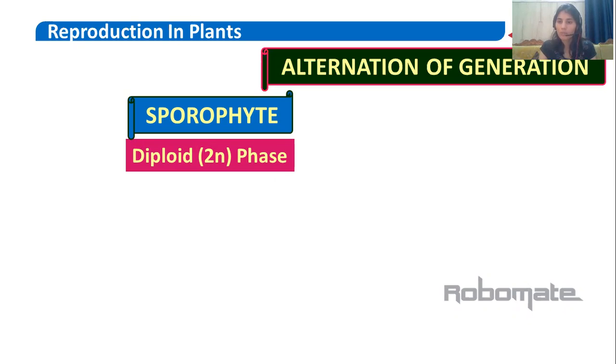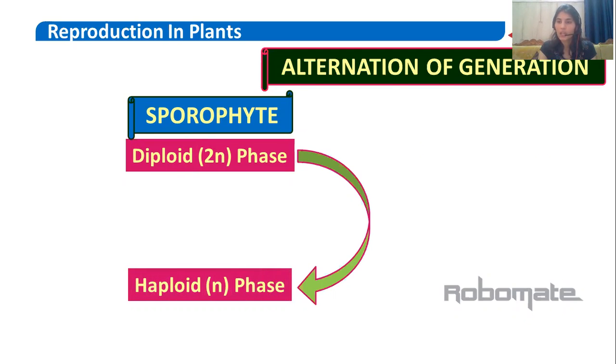In plants, this diploid phase is known as the sporophyte, and this will undergo meiosis. Meiosis is reductional cell division, meaning this 2n converts into n.